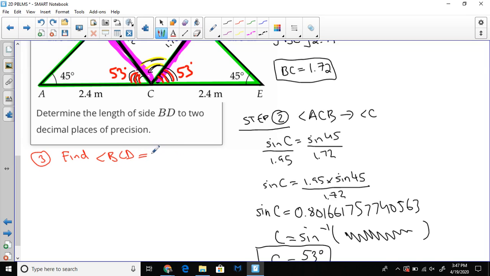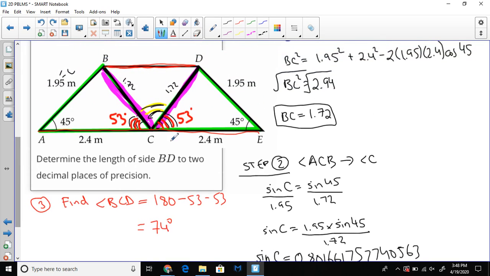Well, that's just going to be 180 minus 53 minus 53, because the angle of a flat line is 180. So I go 180 minus 53 minus 53, and we get 74 degrees. So this chunk in here is 74 degrees.